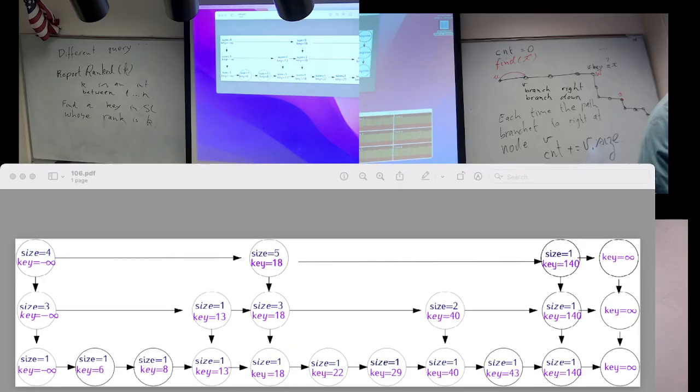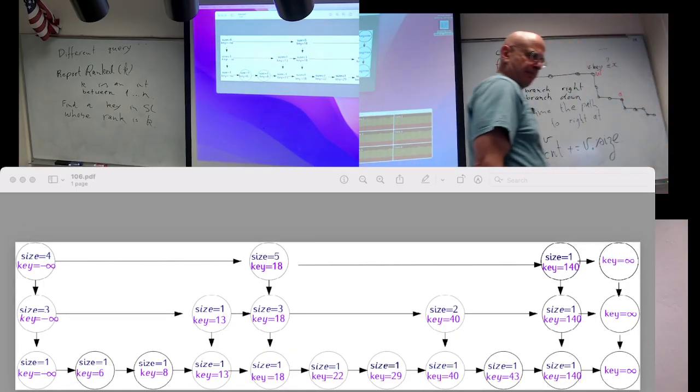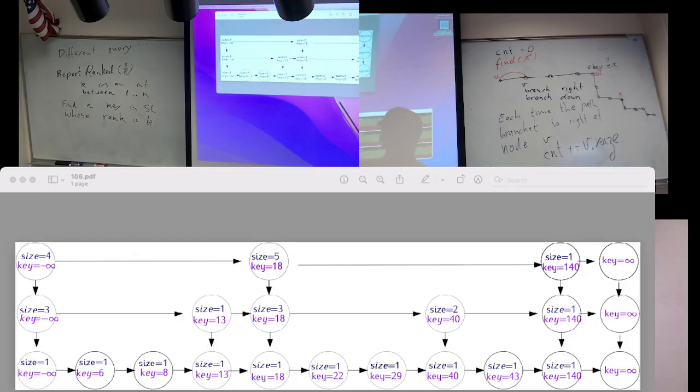Yeah, it's a bit tricky. Using this size field, let's say that, guys, can you see what I'm pointing to? Yeah, size 4. Size equal 4.